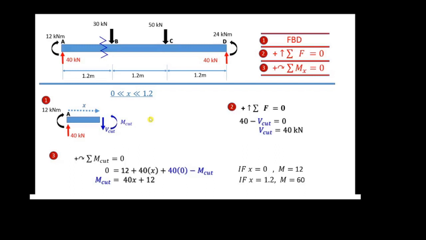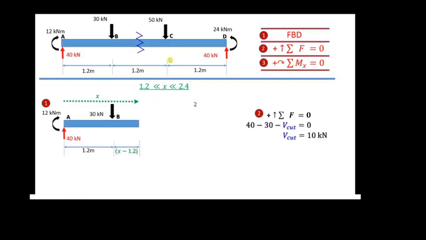We go to the next section here. The next section is from 1.2 to 2.4 at this range. So we just cut anywhere, any point within this range. That's why our x distance is x. We don't know the distance yet. The full length is x.